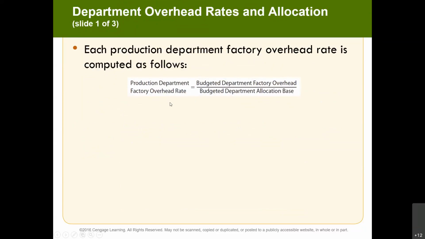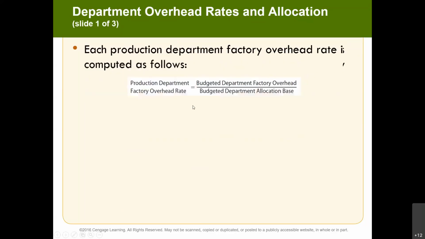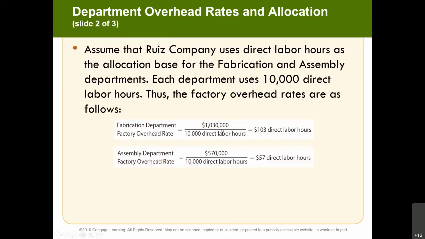So how do we figure each department overhead rate? Again, we learned about this in earlier chapters, so this is just a recap. Each production department factory overhead rate is computed by taking the budgeted department factory overhead divided by the budgeted department allocation base. Looking at our example, for the fabrication department, the budgeted department factory overhead was 1,030,000.